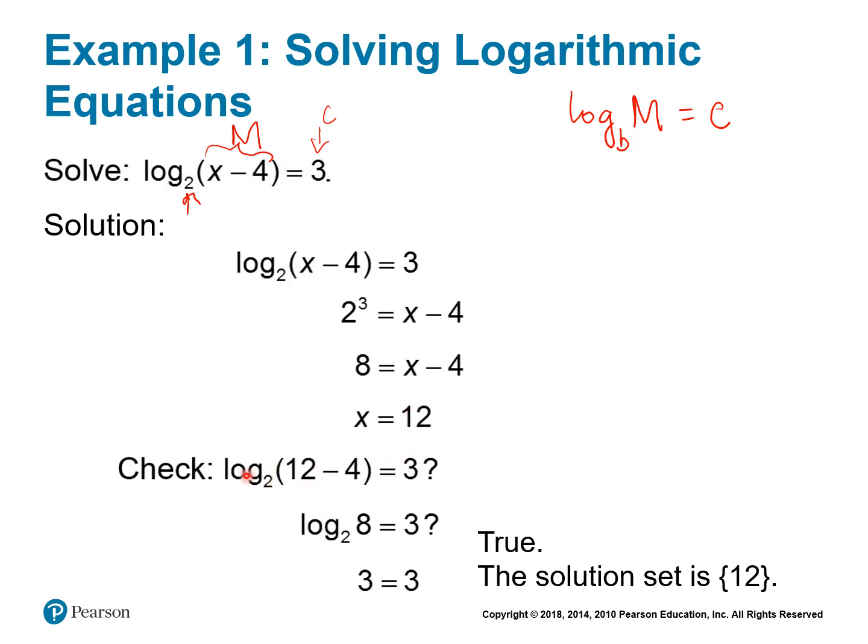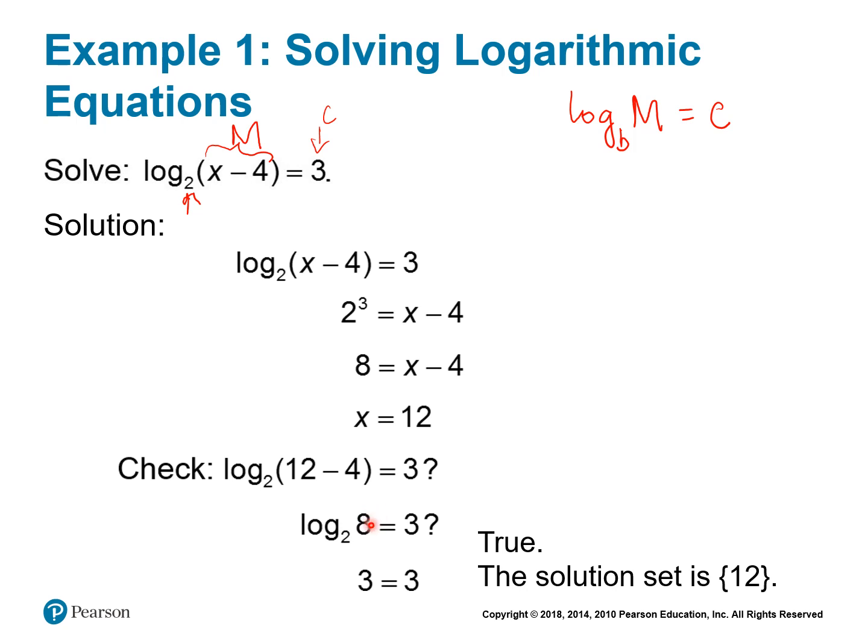We go into the original equation and substitute 12 into x and resolve it. So we have log base 2 of 12 minus 4 is 8 equals 3. 8 is indeed a value greater than 0. 8 here is the m. I hope you realize that.